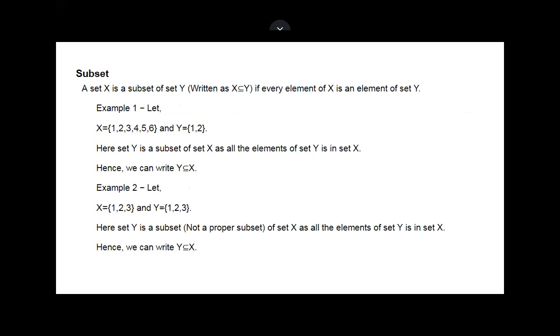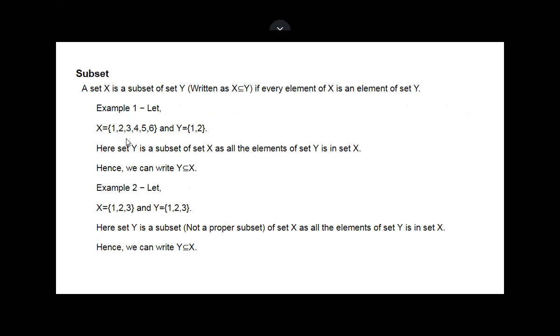Then subset is there. What the subset is? If the elements in the set are elements in another set, then that set is the subset of that set. Y is subset of X here. In the example we can see, because Y is 1 and 2 and X is 1, 2, 3, 4, 5, 6. So 1 and 2 are the elements of this X also.